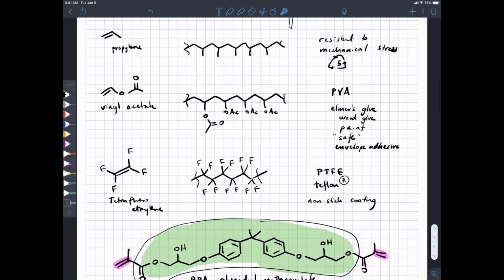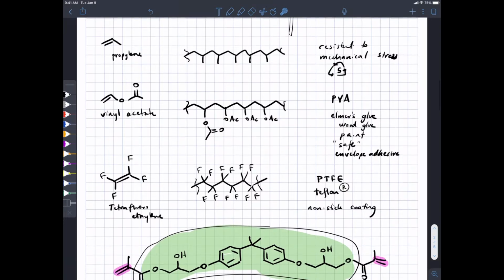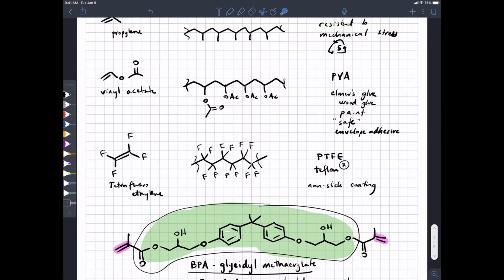stick stuff again. Folks that might be interested in a career in dentistry will encounter dental composite, which is also a radically polymerized process.